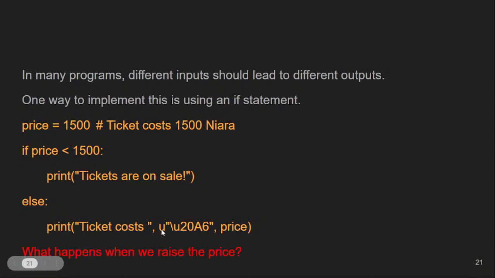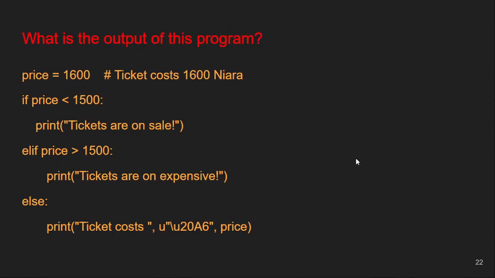You have to put the U before the quotation. All right, and then inside the quotation \u, and then the 4 hexadecimal numbers that represent that particular symbol. Okay, so this is how you use that in Python. So run this in the labs, see what you get, let me know.